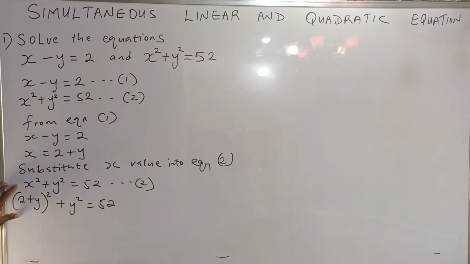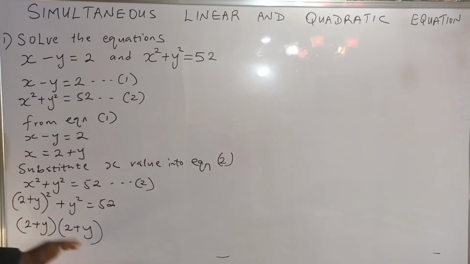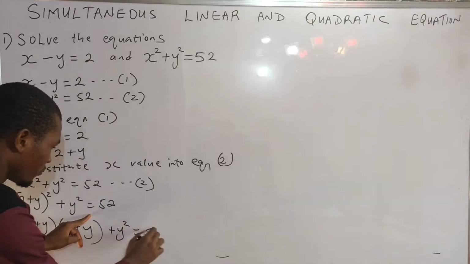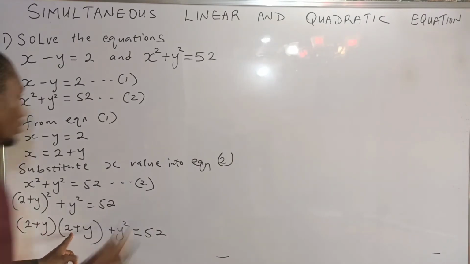All right, let's open up this bracket. Opening up the bracket, this will replicate itself into 2 times because of this square here. Then I have plus y squared, and that is equal to 52. Let's multiply out this bracket. 2 multiplied by 2 will give us 4.